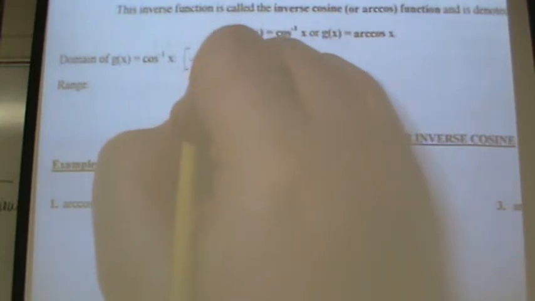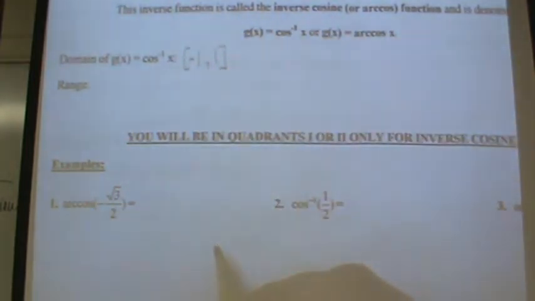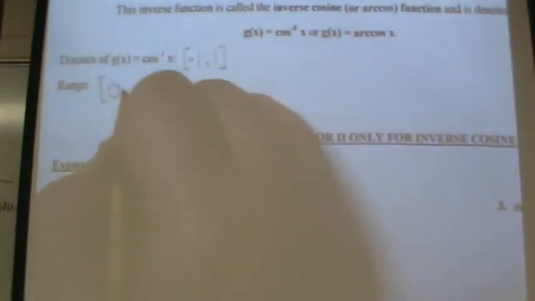Now the domain for cosine, the domain again are the x values that we're putting in. They're the same as the sine function: we're putting -1 to 1 values in, and then we're getting out for our range 0 to pi values. So that's our new domain and range for the inverse cosine.